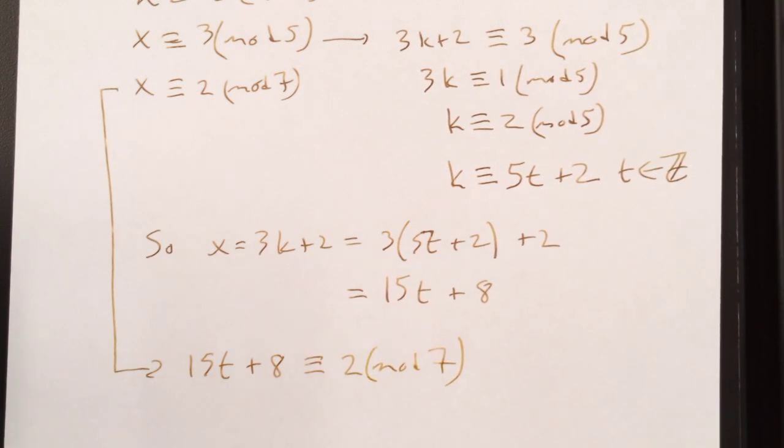If I am working mod 7, then any number bigger than 7 should go away and be replaced with its remainder, mod 7. So I have a 15 and an 8. Blow them up. What happens?